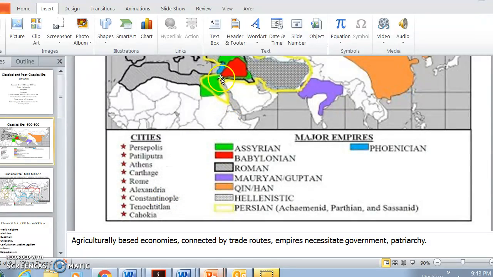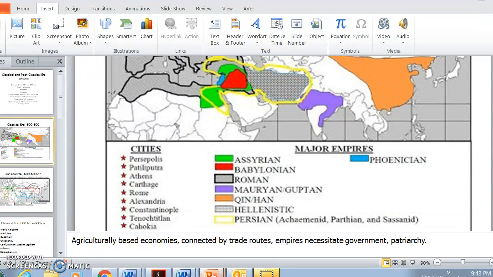Like I mentioned, Alexandria, which is really right here. There's Constantinople, which is more relevant to the post-classical era, but it's still a city that exists here in the Eastern Roman Empire at this time. It is still part of the Roman Empire at this point, although later in the post-classical era it breaks off into the Byzantine.